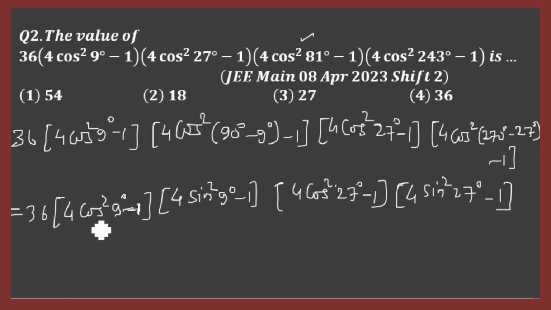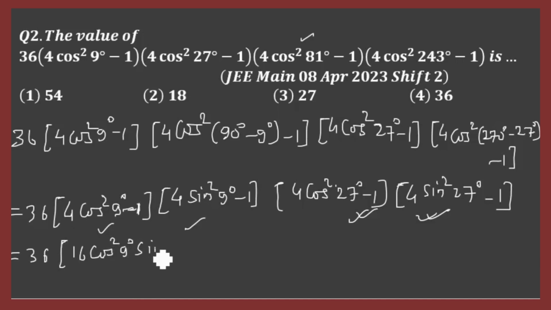Now I will multiply these two factors together and these two factors together. So what do we get here? 36 times, multiplying this, 4 into 4 is 16, cos square 9 sin square 9, then minus 4 cos square 9 degree, and minus 4 sin square 9 degree, plus 1.